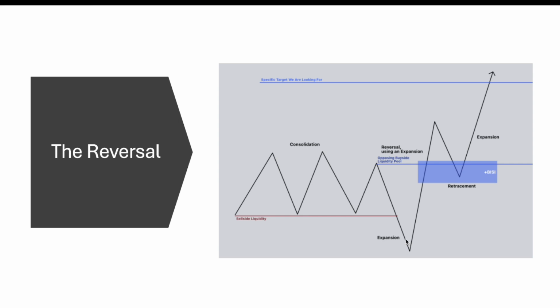Well, some form of a liquidity pool to be taken, opposing to the one that we've just taken. And what will happen is the market would go back into some form of a PDRA, and then throughout all of this expansion, if this is a higher time frame chart, we're going to measure what the market will do until we get to this target.